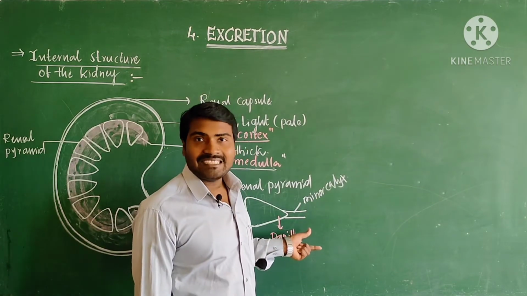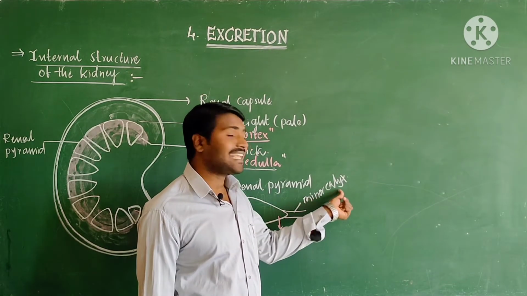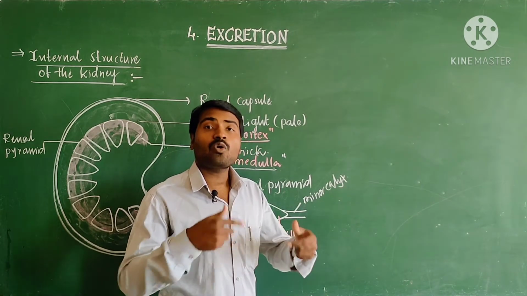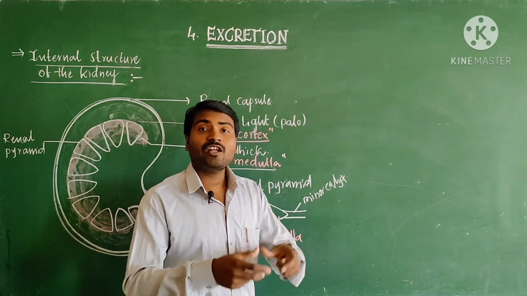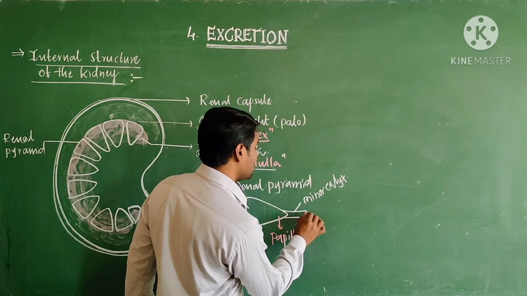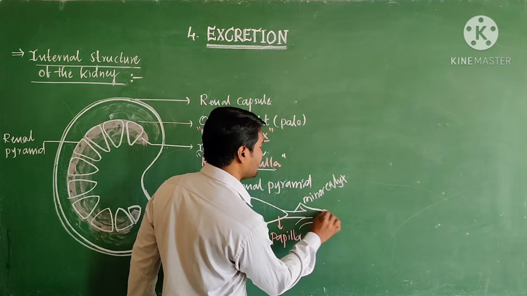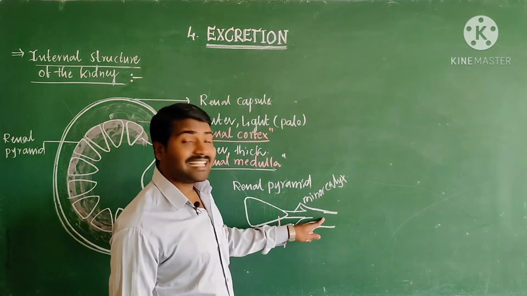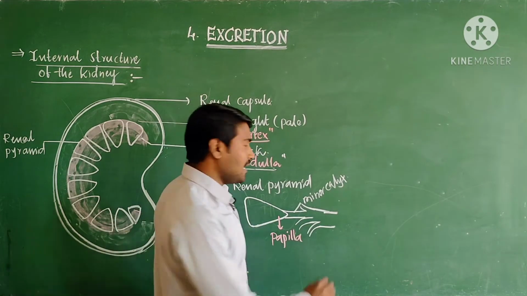Several minor calyces: the singular form is calyx and the plural form is calyces. Several minor calyces together form a major calyx. Like this is one minor calyx and here is one more minor calyx, together they form the major calyx.